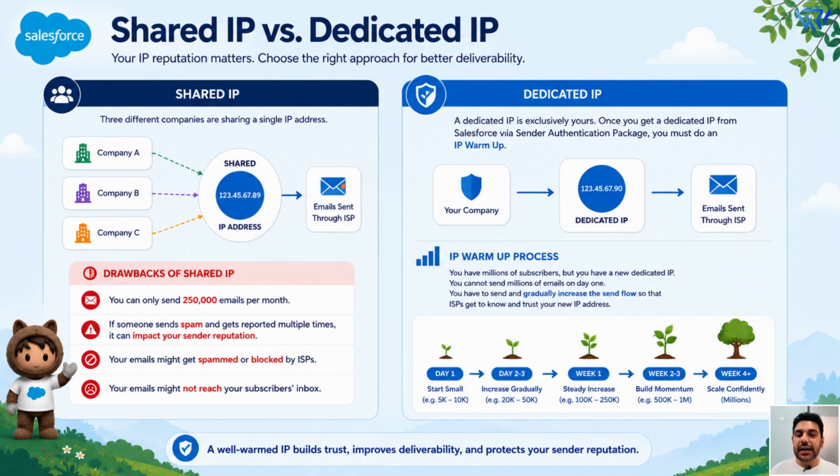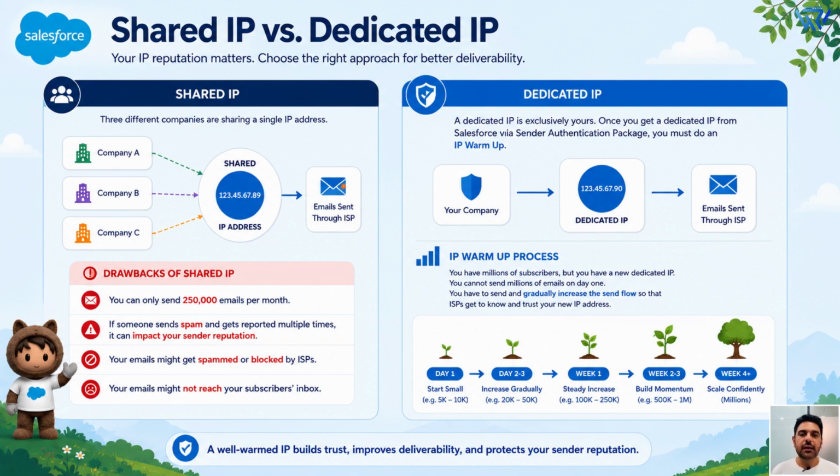Once you get a dedicated IP from Salesforce Marketing Cloud through the Sender Authentication Package, you must do an IP warm-up. IP warm-up is a process where you gradually increase your send volumes. You have millions of subscribers, but you have a newly purchased dedicated IP. You cannot send emails to millions of subscribers on day 1.